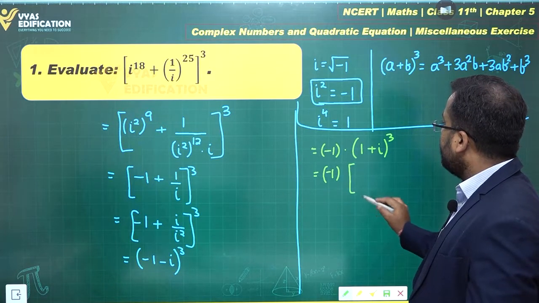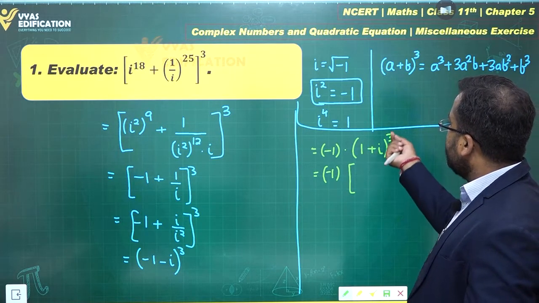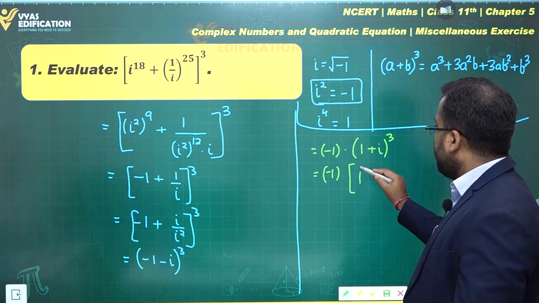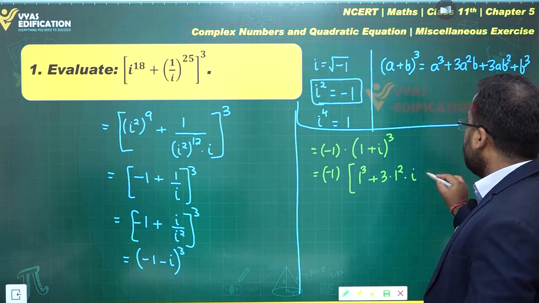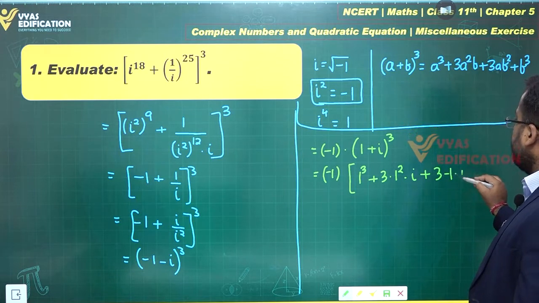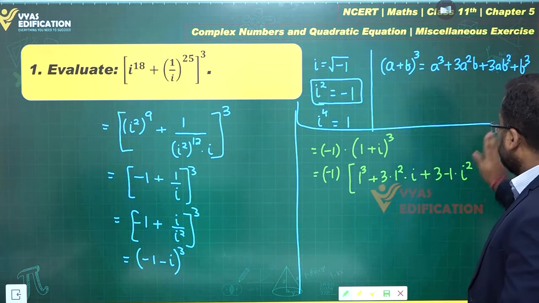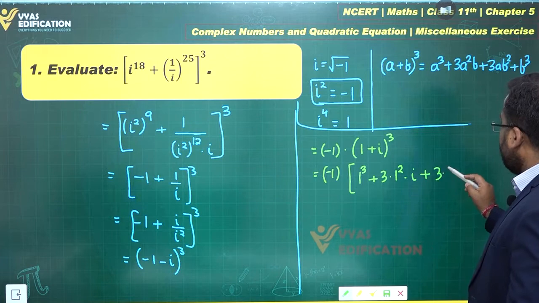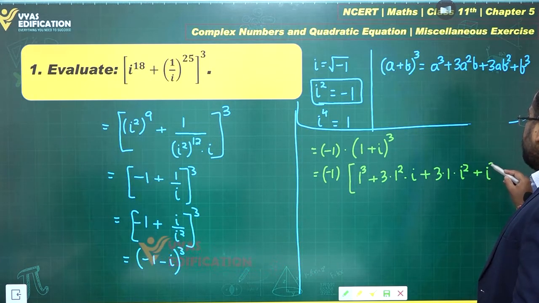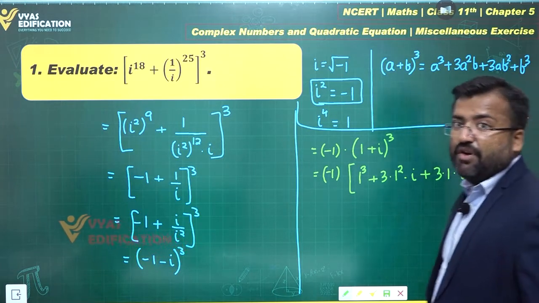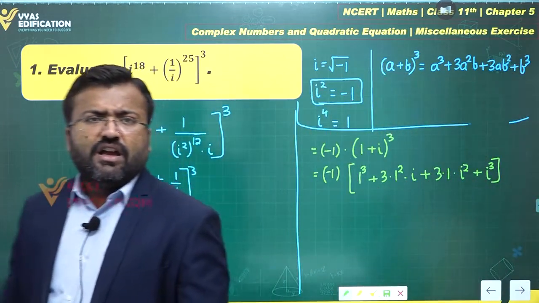And this whole bracket will simplify as (a plus b) whole power 3, which will convert to a power 3 plus 3 times a square times b plus 3 times a times b square, 3 times a, that is 1, times b square plus b power 3, that is i power 3 will be there, right?